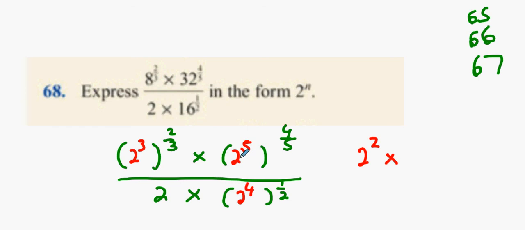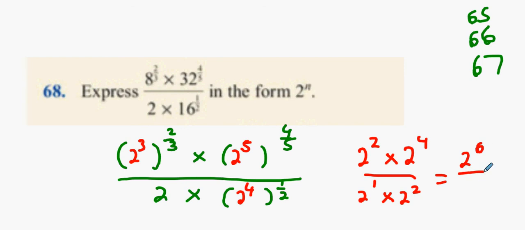What's 5 times 4/5? 4. What's 4 times a half? 2. 2 plus 4? 6. 1 plus 2? 2 to the power 6 divided by 2 to the power 3? 2 to the power 3.